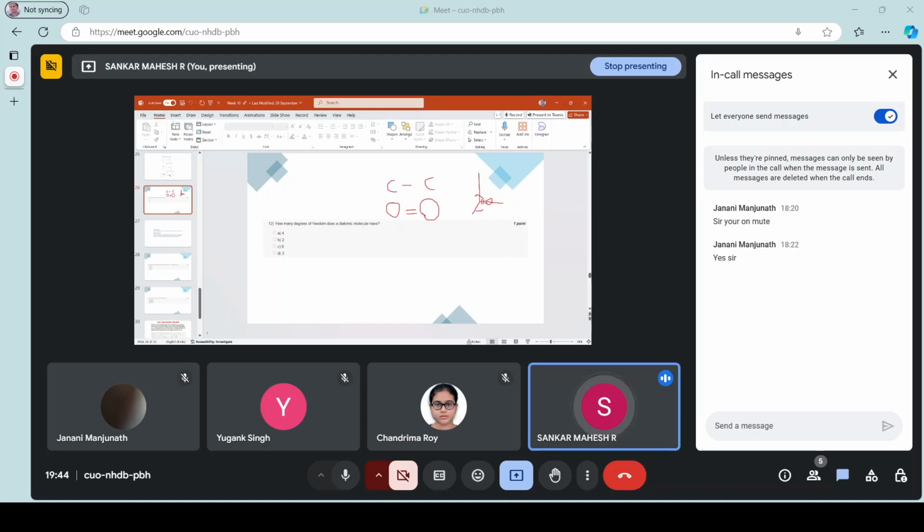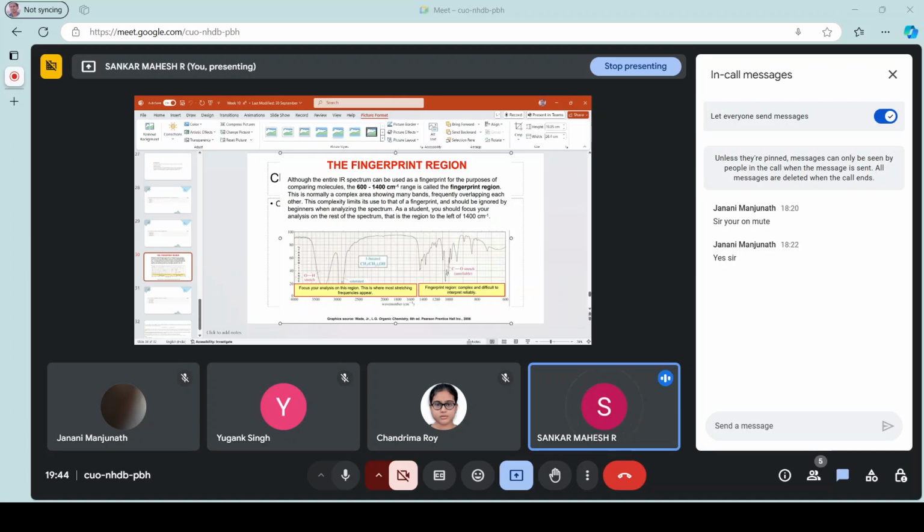Then we looked at how to calculate the degrees of freedom and specific examples of the fingerprint region and so on.